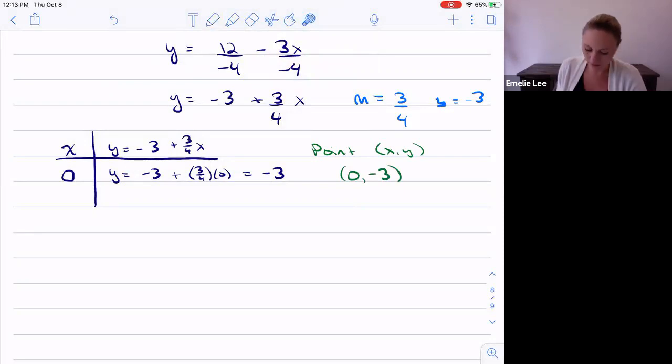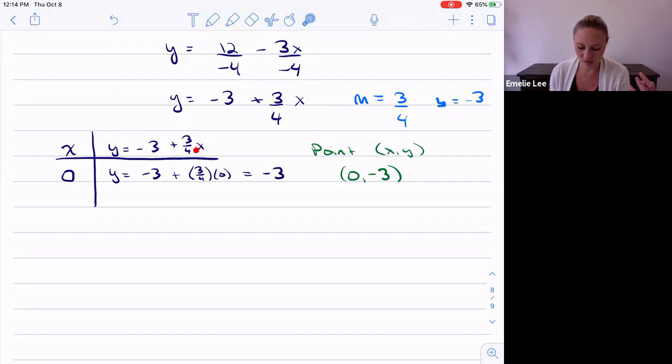Now, what I mean by convenient values of x definitely comes into play if you have a fraction as a coefficient. Because now if I were to plug in x equals 1, then I have to deal with fractions, right? -3 plus 3 over 4, I'd have to get a common denominator here, and it just makes it really nasty.